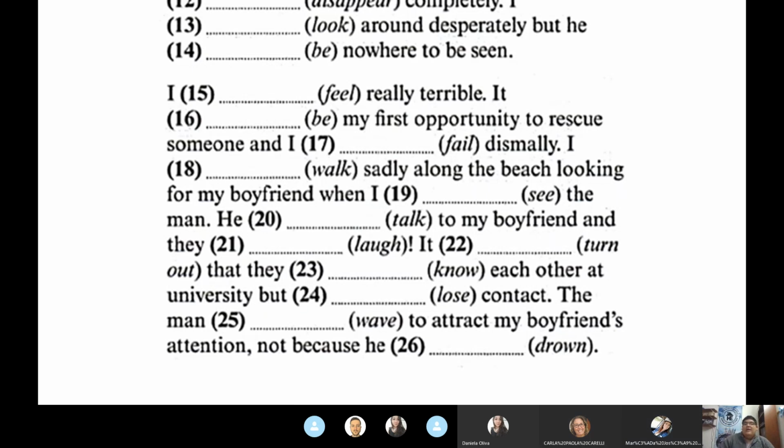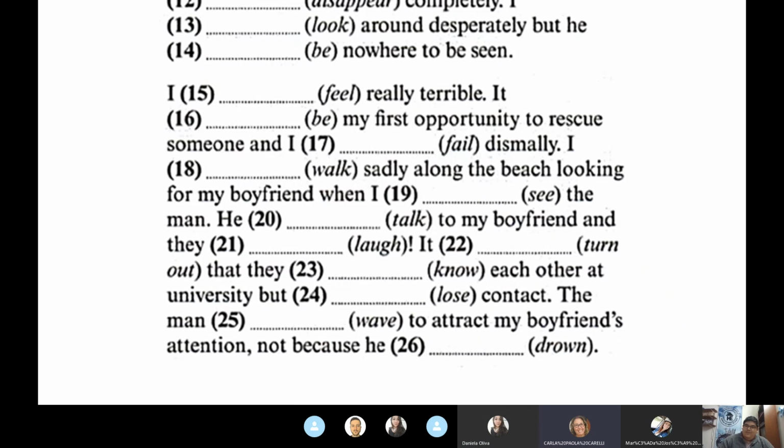Había sucedido, it had turned out that they knew each other.